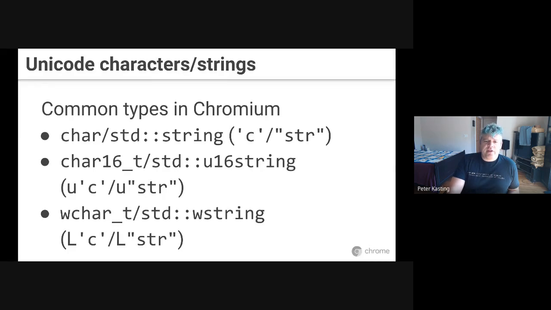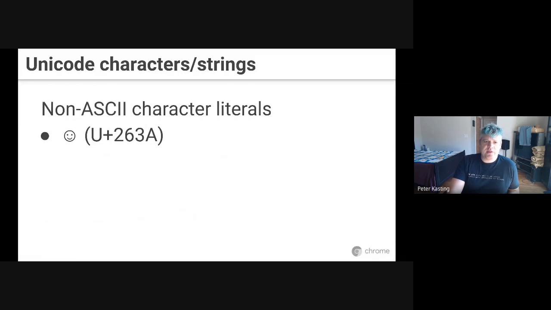So given all of this, let's say I want to put a smiley face into my code. How do I put a smiley face in my code? Well, the easiest way is to put the smiley face in your code. Just paste it in, the actual Unicode character literal. This is because our source files are not ASCII, our source files are UTF-8, so they can encode Unicode characters.